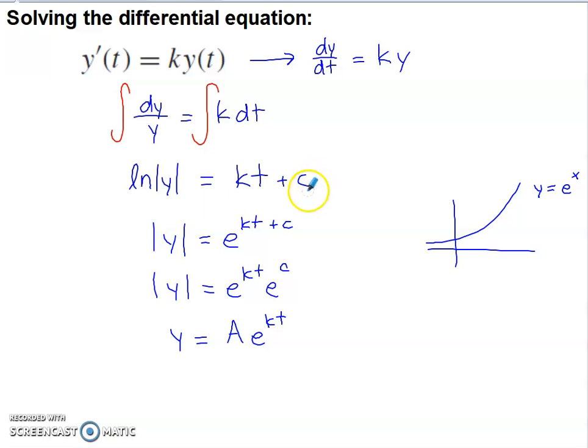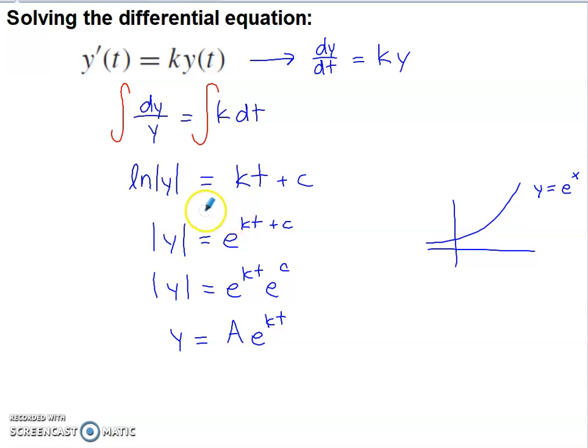So it's just common practice to leave the constant of integration only on the right side of the equation, which is where your independent variable is typically going to lie. Either t or, in other cases, x would be the most frequently used independent variables.